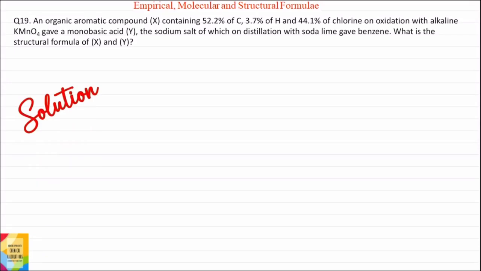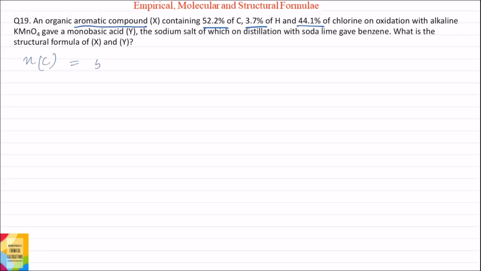First of all, this is an aromatic compound. Percentage of carbon, hydrogen and chlorine is given. Therefore, moles of carbon will be equal to 52.2 divided by 12, which is equal to 4.35.